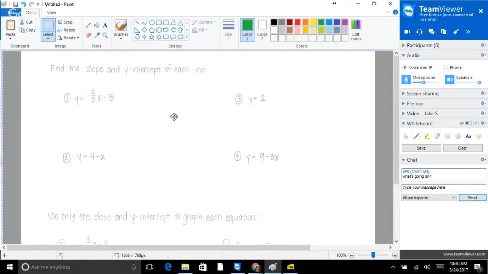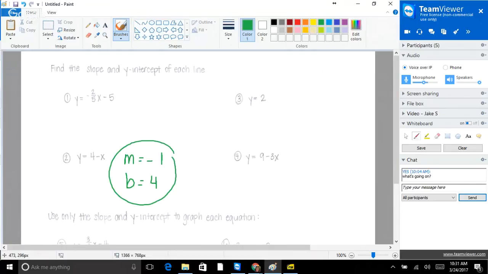The slope equals -1. That's great. And what is the y-intercept? Yep, that's it. Yay.